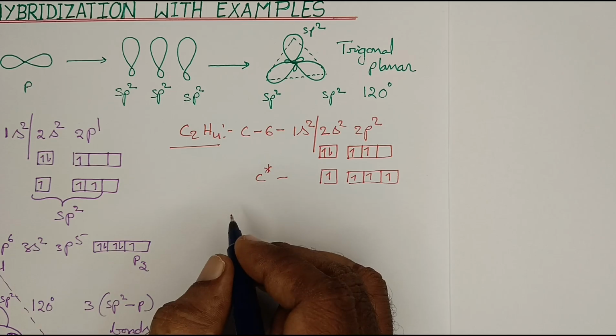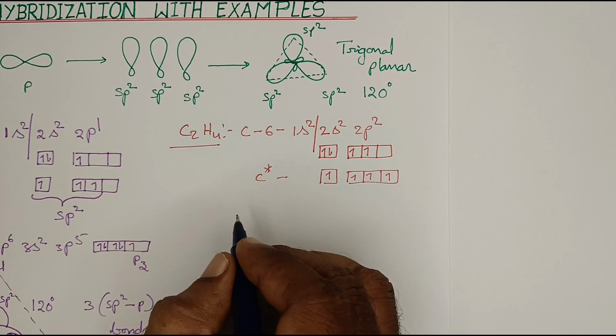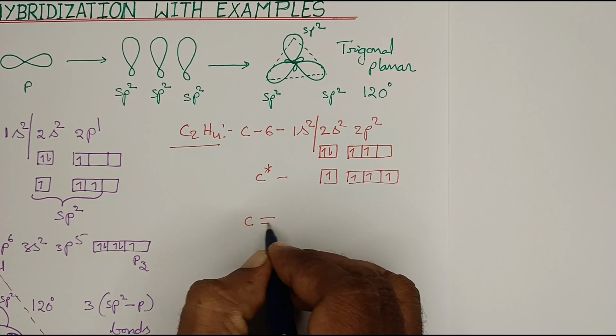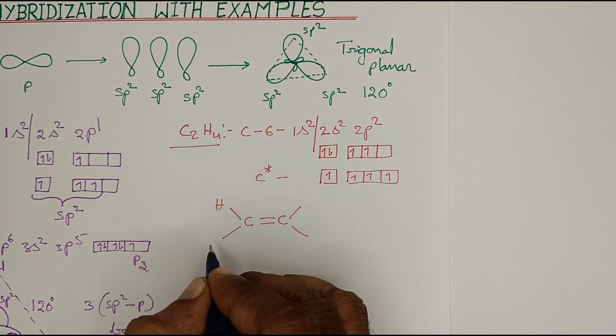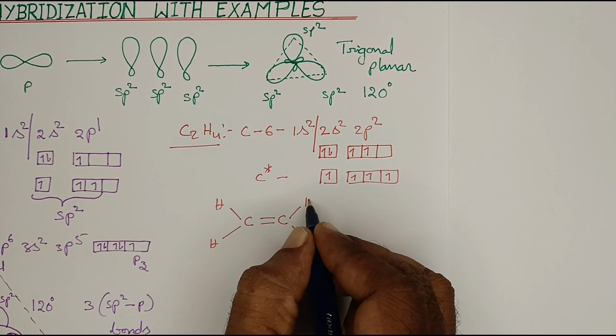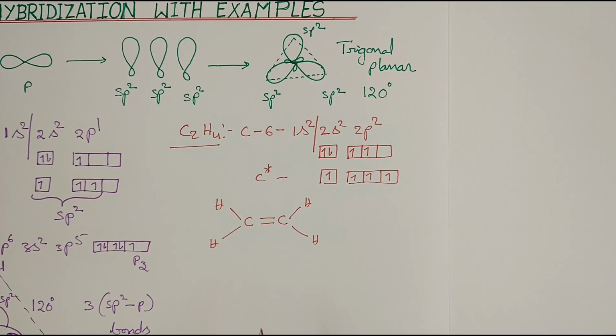So the shape of the molecule is like this: C2H4. So in this molecule, we are observing 1, 2, 3, 4, 5, 5 sigma bonds and 1 pi bond.